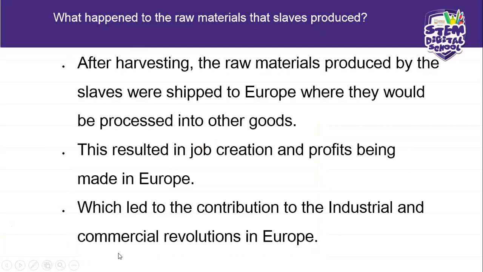And then what happened to the raw materials that slaves produced? Remember, when slaves arrived in America, they worked hard on plantations, on those farms. So what happened to the raw materials they produced? After harvesting, the raw materials produced by the slaves were shipped to Europe, where they would be processed into other goods.